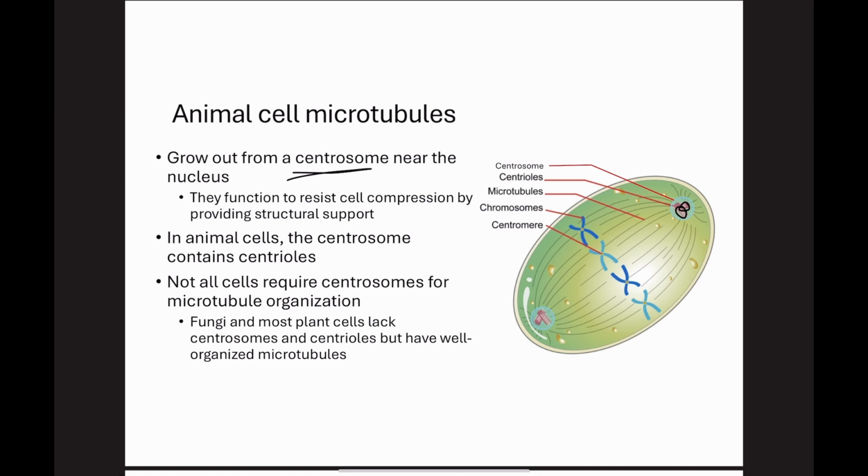And before an animal cell divides, the centrioles are going to replicate. And even though our centrosomes with centrioles might help to organize microtubule assembly inside of our animal cells, they aren't essential for this function. In fact, fungi and most plant cells lack centrosomes with centrioles, but they have really well organized microtubules.